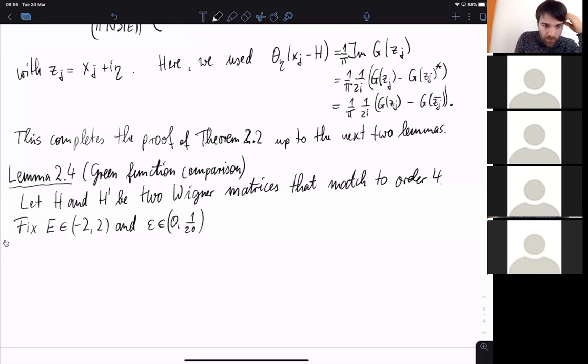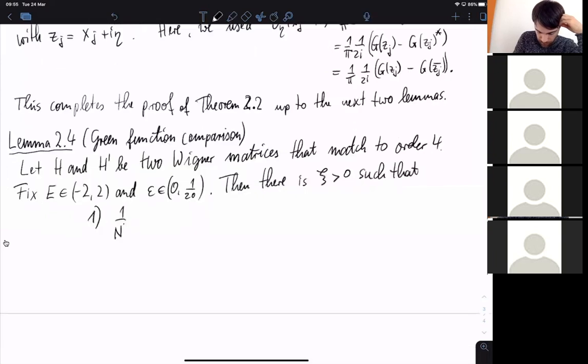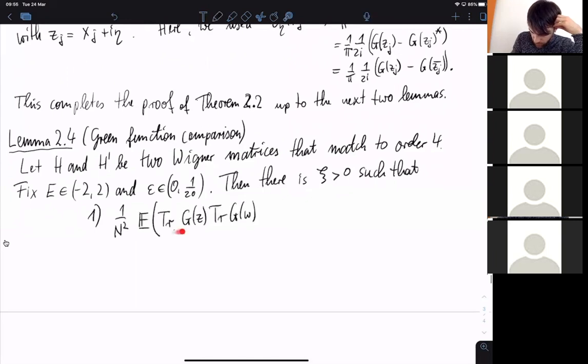So we take two traces of the resolvent at different spectral parameters, and then we take their product and we compare it with the same expression for the resolvent of H prime. And then we want to prove that this is of order n to the minus C. And the second part reads analogously.